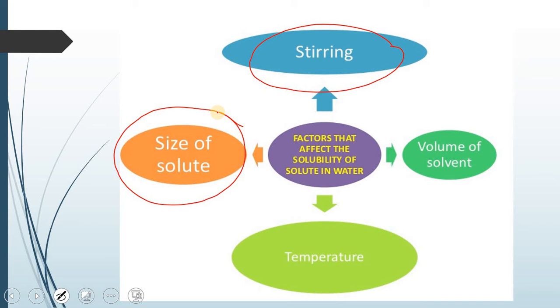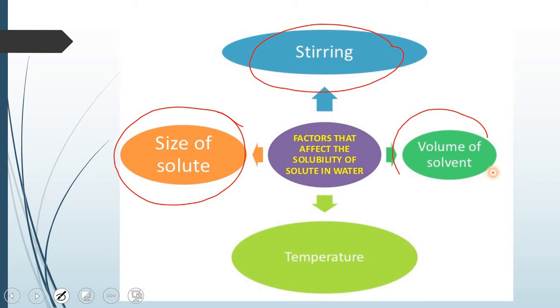If I use a really big size of sugar particles, dia akan ambil masa lama untuk dissolve. But if I have smaller size of sugar particles, this means it will take much lesser time for it to dissolve. So I will make my tea even faster compared to if I use a bigger size of sugar.